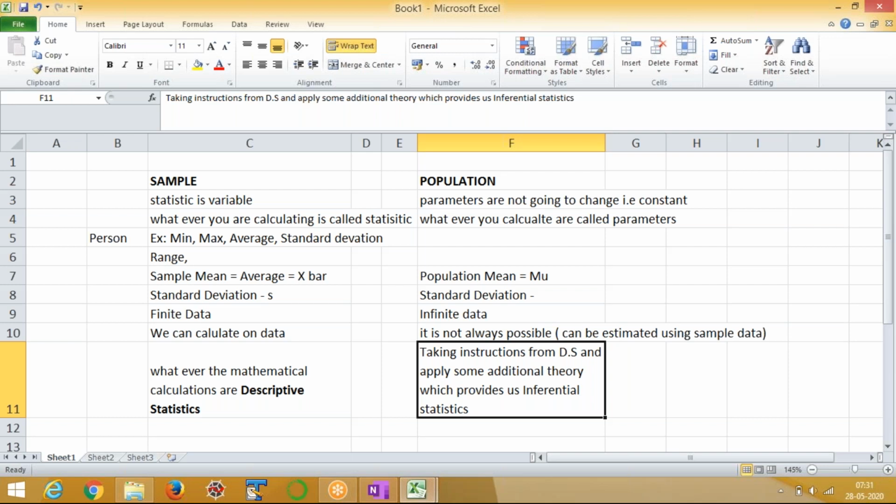That's why I'm taking a good amount of time to make you understand up to this point. Once I come to that point, I'm not going to talk about the basics again, because by then you will be strongly confident on the basics. At that time you will realize what these terminologies like mean and average are.